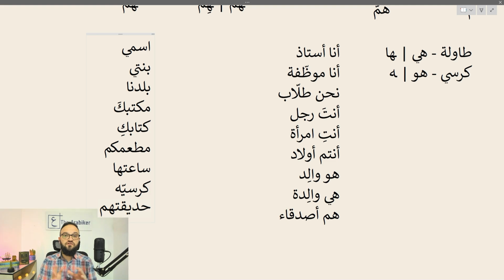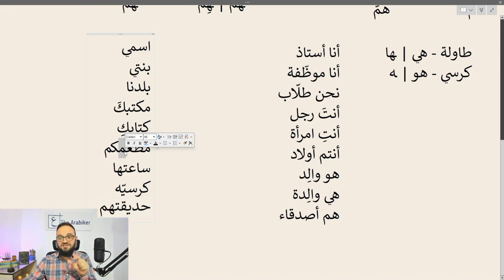Please note that in formal MSA, you are expected to hear different case endings on the last letter of the word. I mean by this, for example, the dal here, the ba, the meme. I'm talking about the last letter of the original word. In this phrase here, we are talking about the ta, here about the ya, here about the ta again. You are expected to hear different case endings on the last letter of the word.